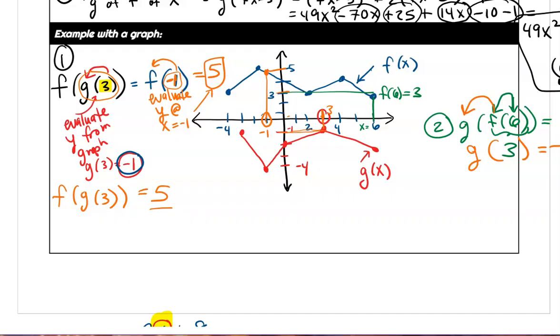So g of 3 is -1. We had used that one earlier. So then I would say that g of f of 6 is equal to -1 because f of 6 is 3 and g of 3 is -1. So those are just some examples of composition of functions.